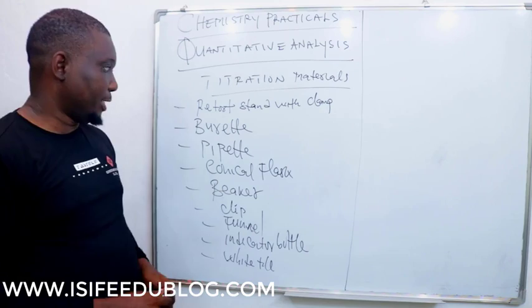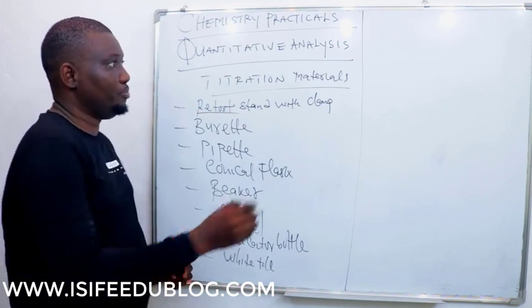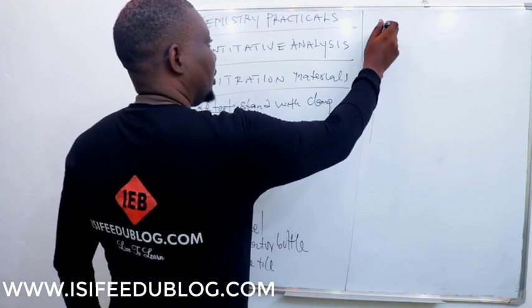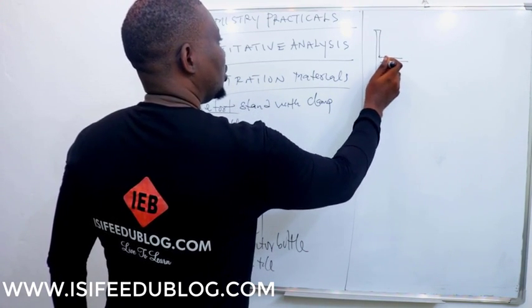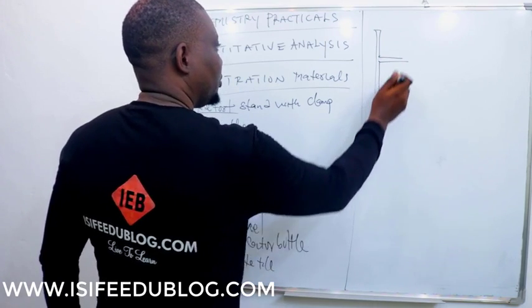In acid-base titration, the redox stand will be standing on your table in this way, with your clamp that will hold your burettes in a vertical position.